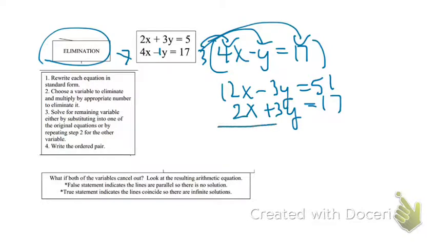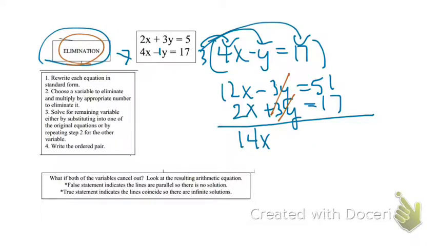Now what I'm going to do is add the 2 equations together. So if I add a 12x plus a 2x, I get 14x. If I add a negative 3y to a positive 3y, what's going to happen there? They're going to actually cancel each other out. So what have I done? I have eliminated one of my variables.